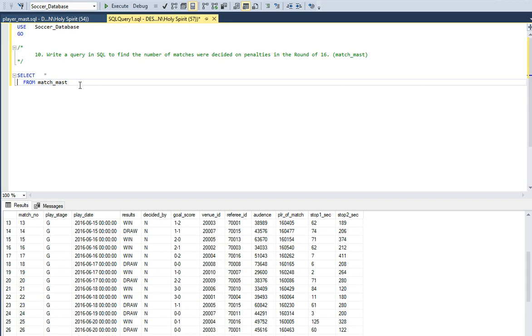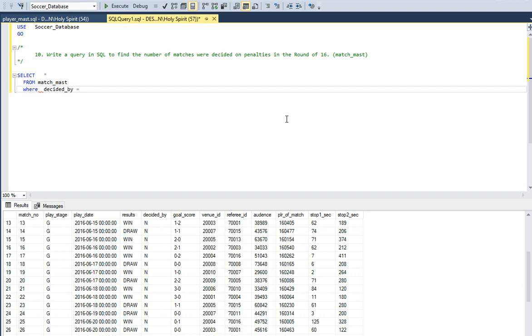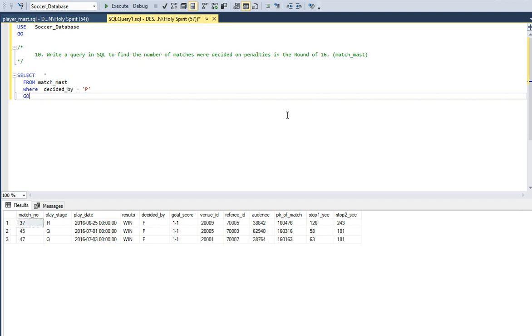Thank you. So here, okay, there is a condition. What is the condition? Decided by, where decided by is equal to penalty. Okay, F5. Oh, sorry.